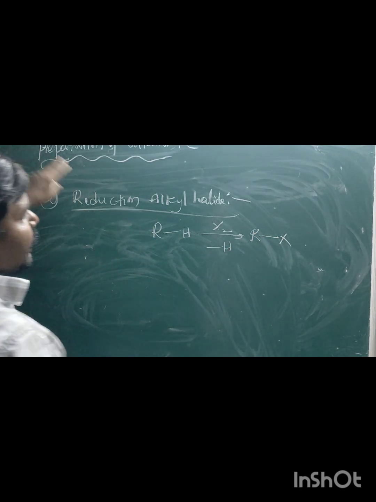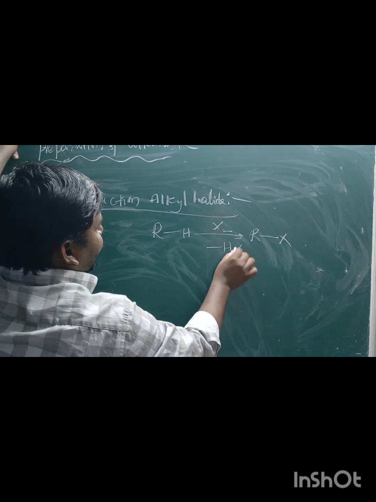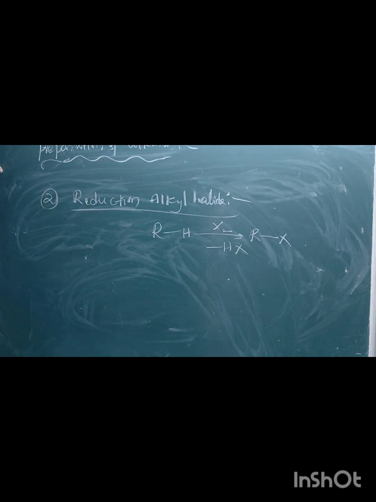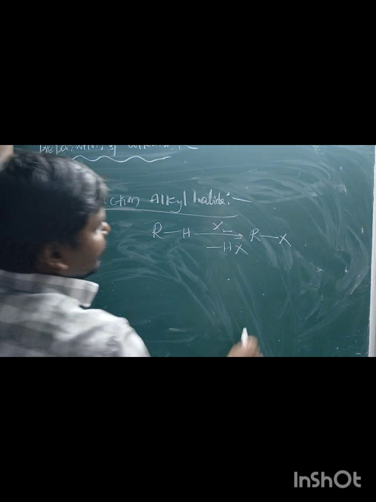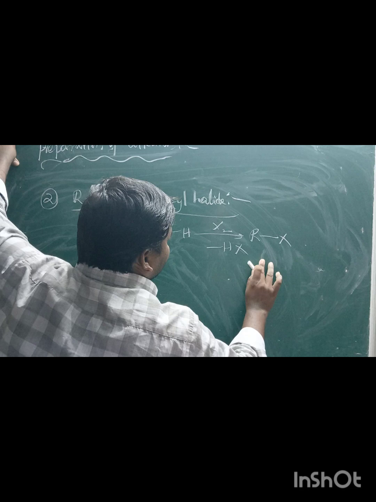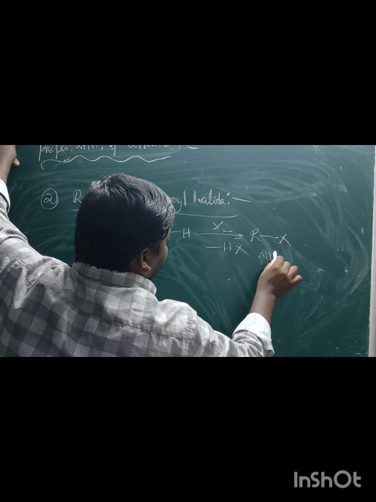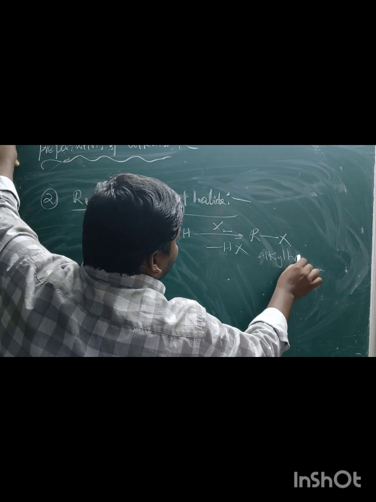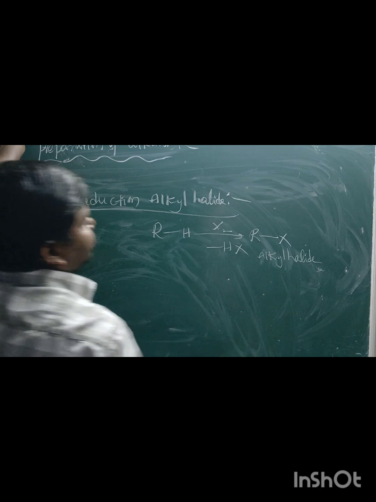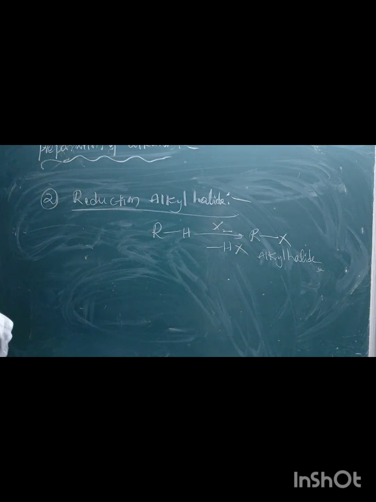When a hydrogen atom is replaced by a halogen atom attached to the alkane, that is called an alkyl halide or haloalkane. Okay, the alkyl halide is reduced with reducing agents.